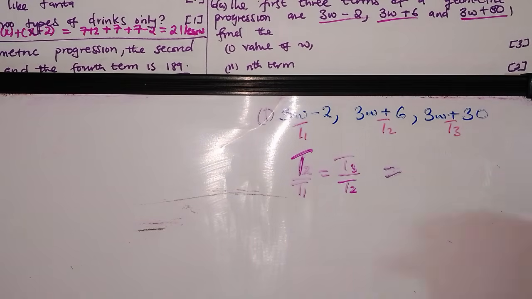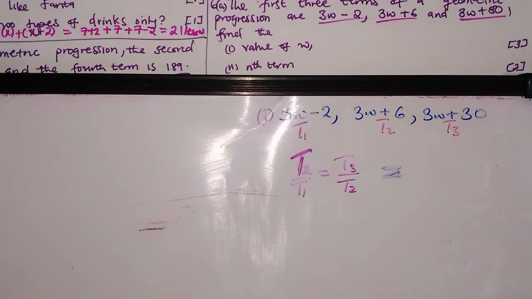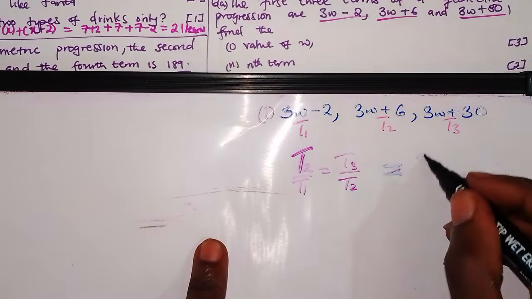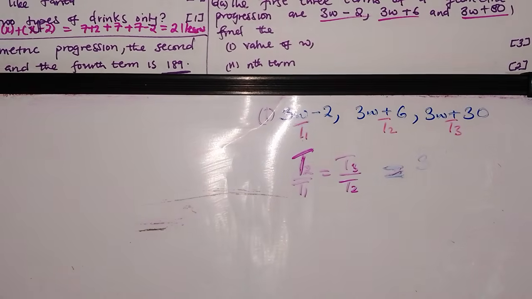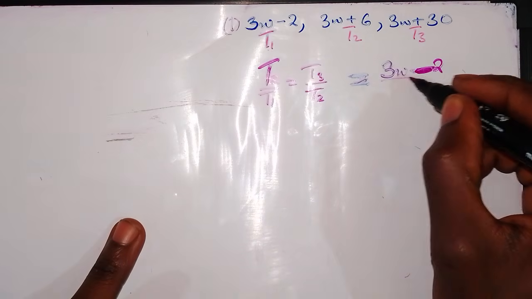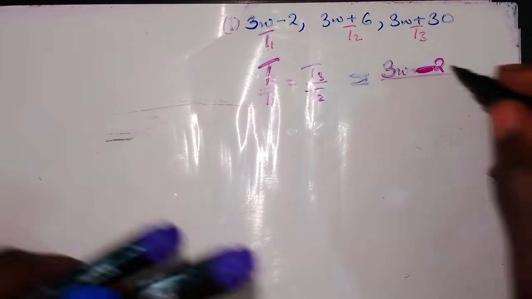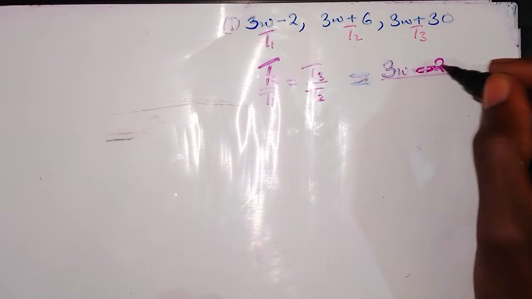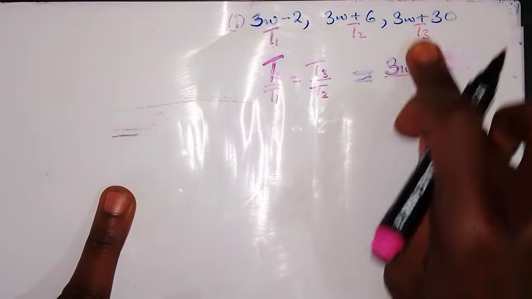So we have our second term, which is 3W plus 6, since 6 is our second term.